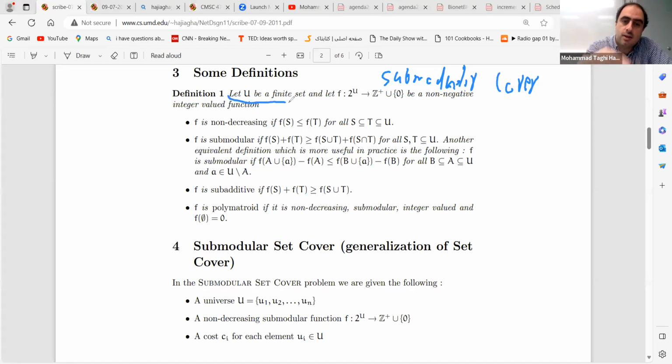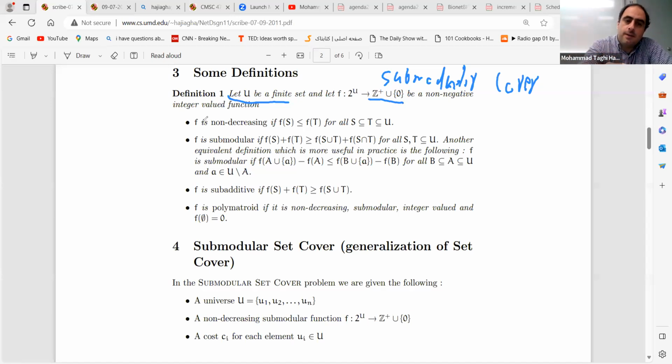Consider a function f that takes any subset of U to some number, say for now a non-negative integer valued function.